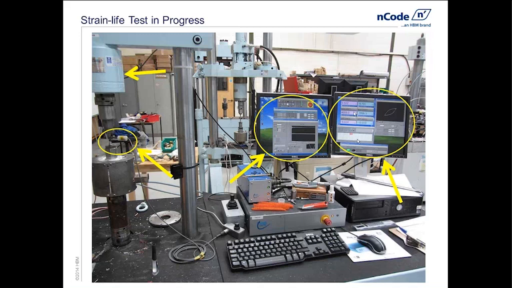And the second display is the data logger. This is actually collecting the data as we run the test. So we're actually tracking load and total strain, but we're also able, in most cases, to track the actual plasticity, the hysteresis loops coming from that. And if you look at the CRT, you can actually see the hysteresis loop that's currently being generated from the test.